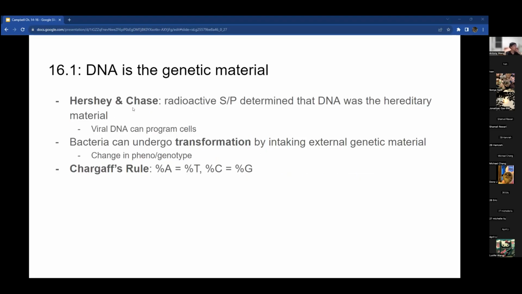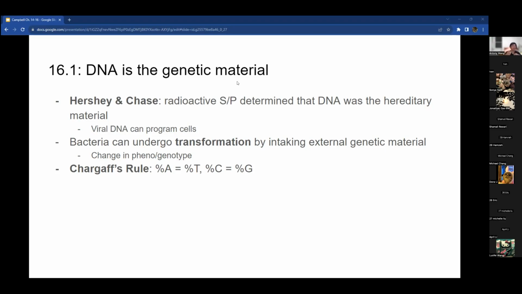All right. DNA is genetic material. Hershey and Chase, it's a pretty famous experiment where they inserted radioactive phosphorus or sulfur into a bacterial cell, and if DNA was being replicated, then the radioactive phosphorus would be present in future generations.